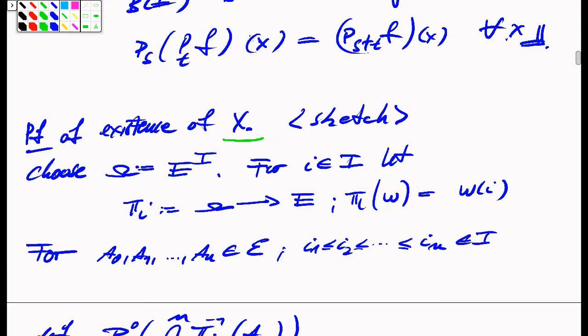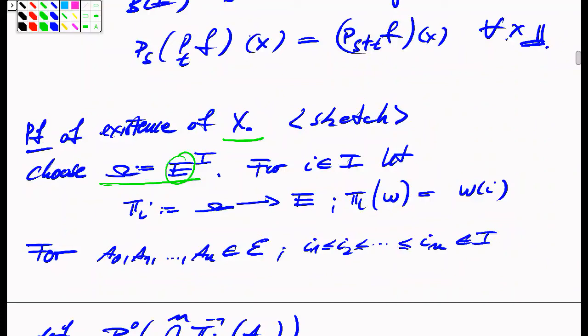Okay, so we will construct, as a probability space that carries the process, the canonical path space, which is just the Cartesian product to the power of the cardinality of the time index set. So it's just the collection of all functions which map the time parameter set into the state space.